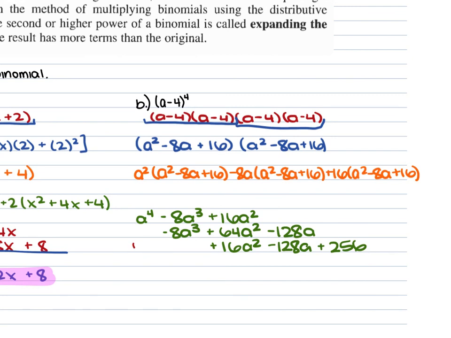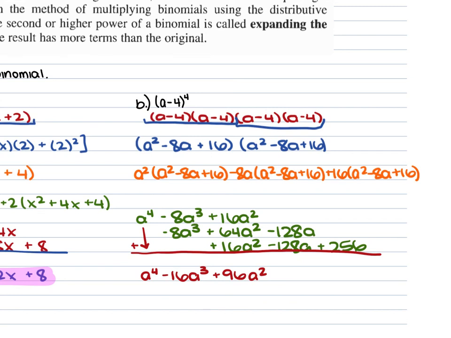So from here, we're just going to add all of this. That a to the fourth power drops down. The negative 8a cubed minus 8a cubed is negative 16a cubed. The 16a squared plus 64a squared plus 16a squared gives us 96a squared.